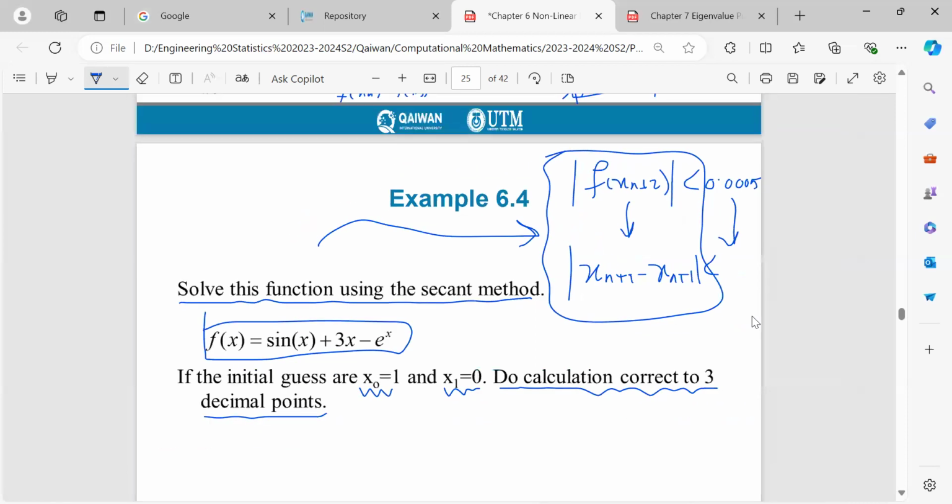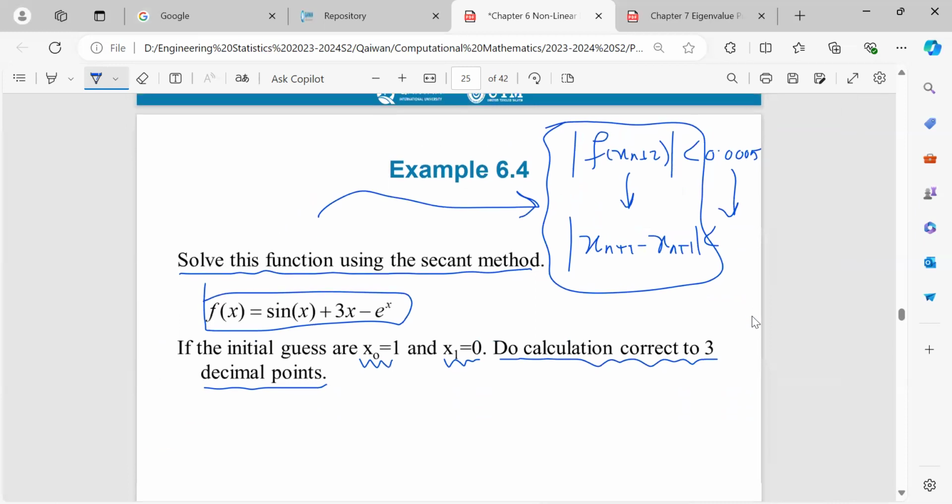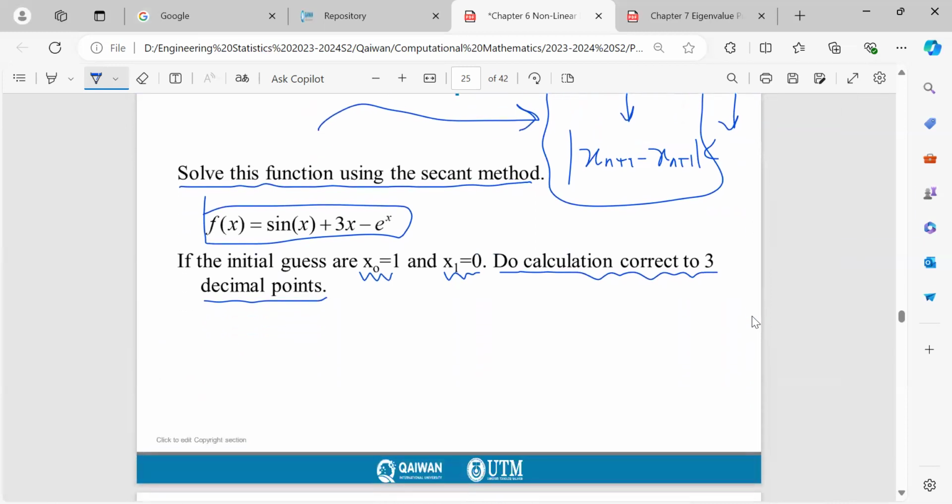For this equation, we need to first find x2, as x0 and x1 are given.